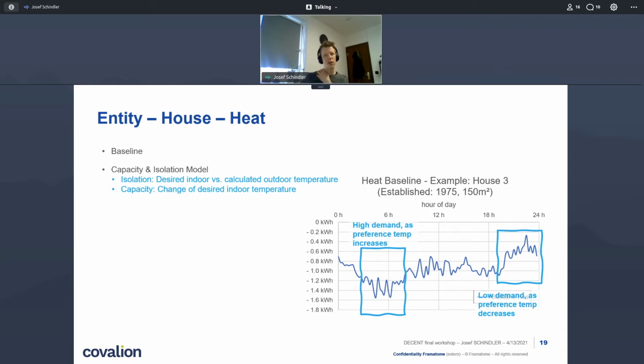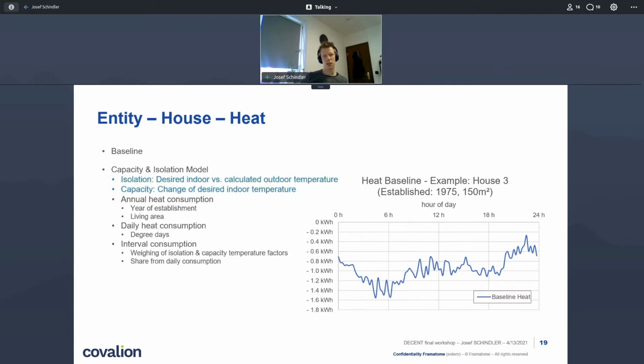As you can see, this gives a baseline that looks like this. The scale is derived from the annual heat consumption and the degree days, for example. In this example it is about 1.5 kilowatt hours at max for one market interval, which is then 6 kilowatts of power.